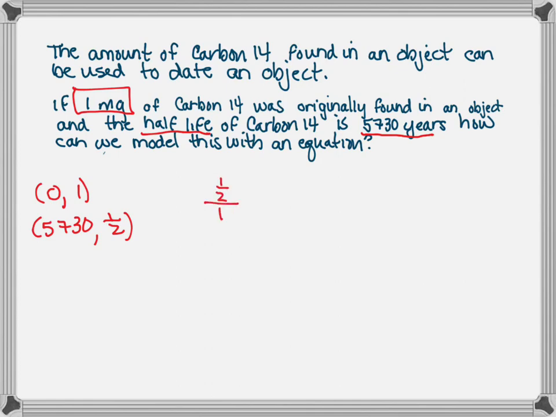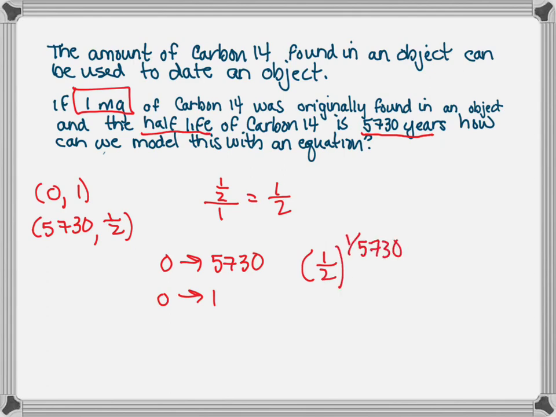So if we look at the ratio of the outputs, we have 1 half over 1, which is 1 half. But that's from 0 to 5,730, and we want from 0 to 1. So we will raise the 1 half to the 1 over 5,730th power, and this is our decay factor.